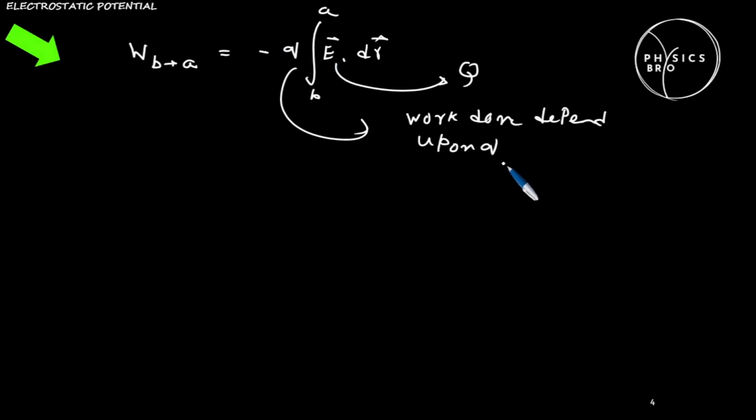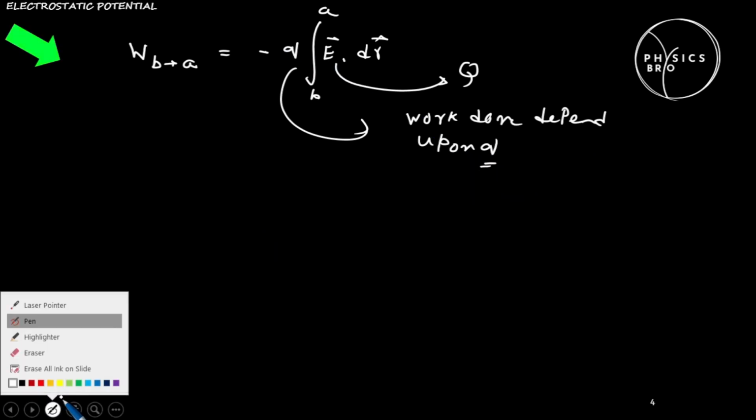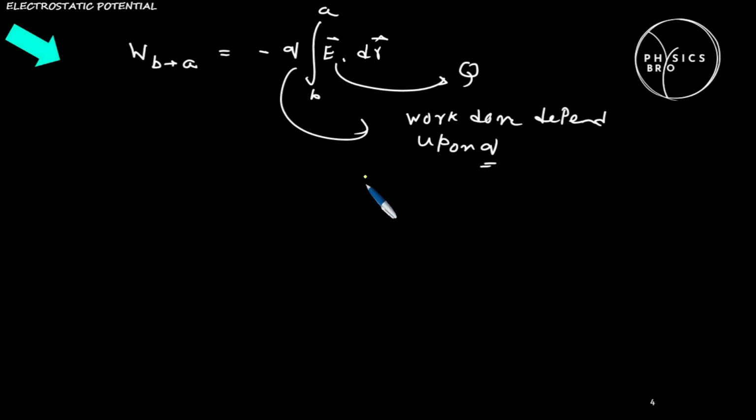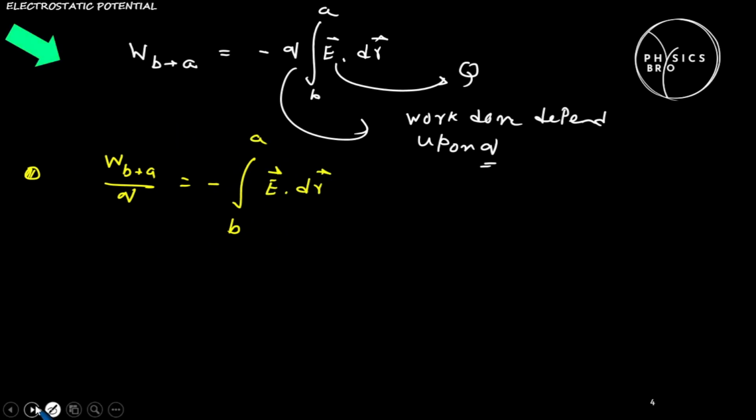So work done depends upon q, and we will do something interesting: we will eliminate this q. Why? Because we want a q-independent thing. So we make W from B to A divided by q, which is minus the integral from B to A of E dot dr.